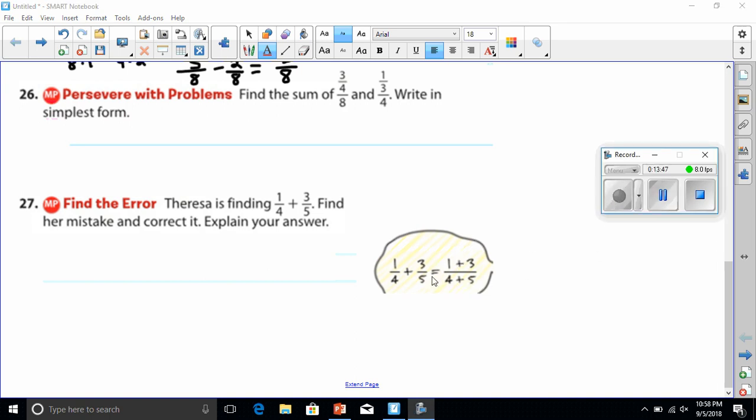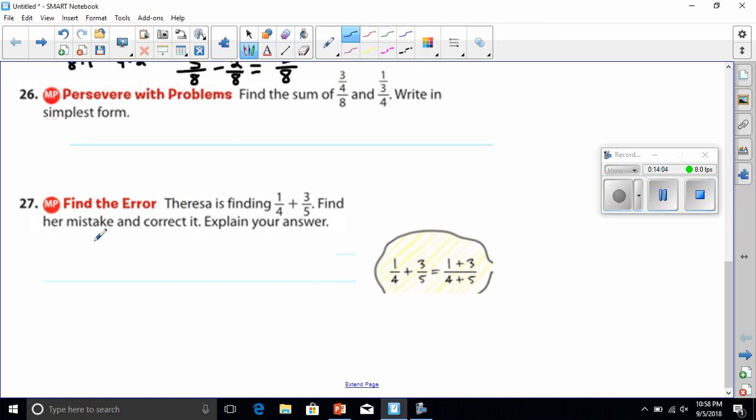Now we know this isn't true, because in order to combine unlike fractions, we have to make the denominators the same. So if she's asking us to add these together, we have 1/4 plus 3/5, and we have to find the common denominator.